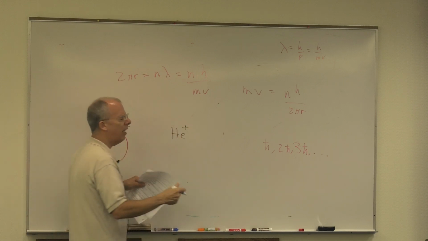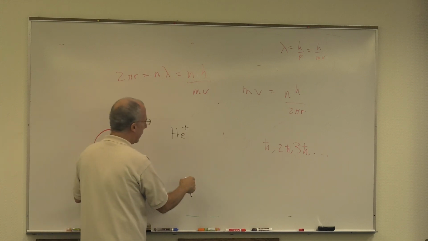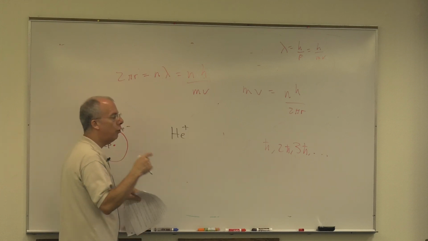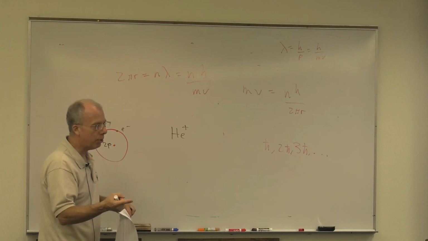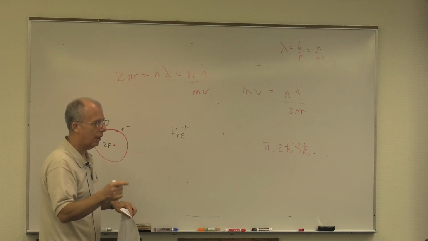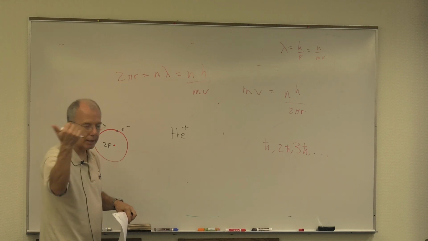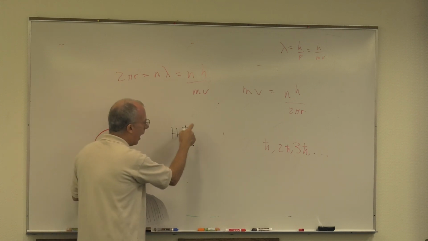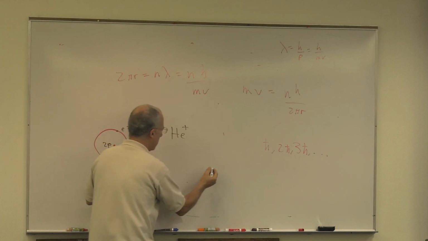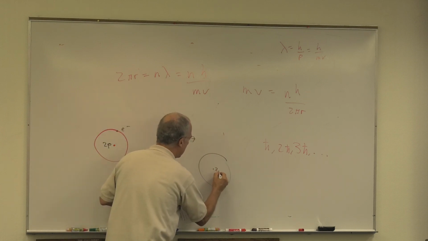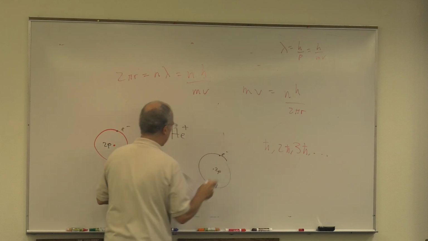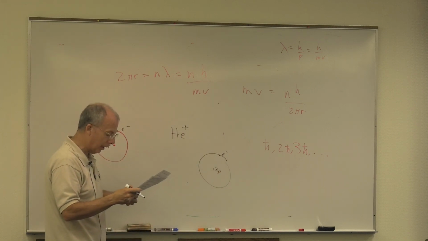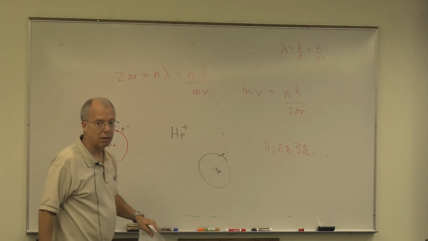Helium plus. What's a helium plus? Neutral helium has 2 protons and 2 electrons. But if one of those electrons was kicked out, then it would be He plus. So it's 2 protons, 1 electron, okay? So it's ionized helium. That's all.